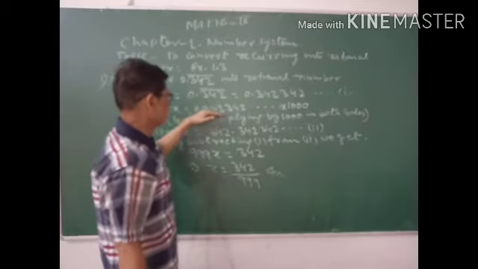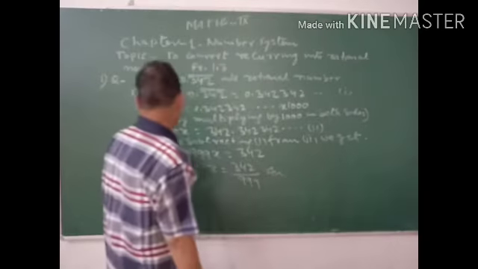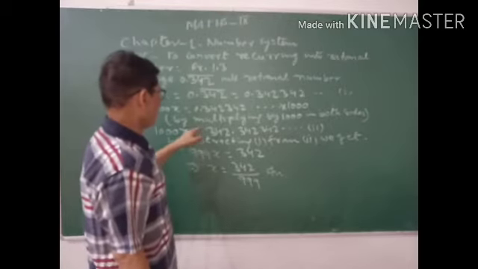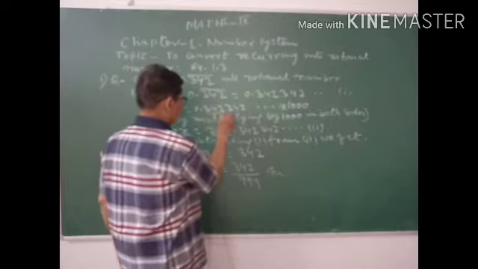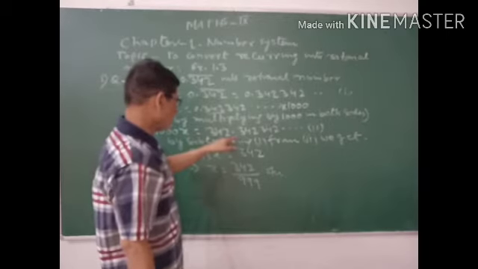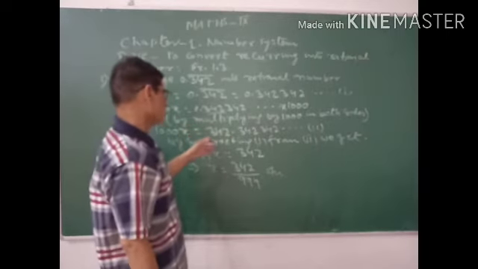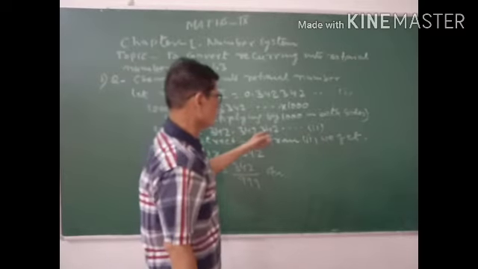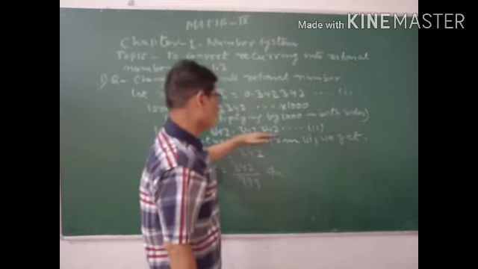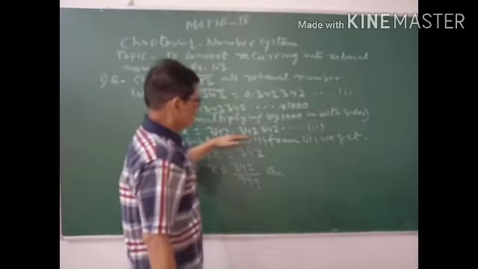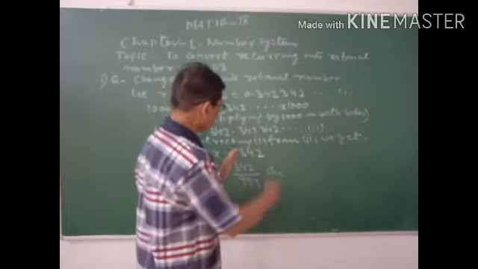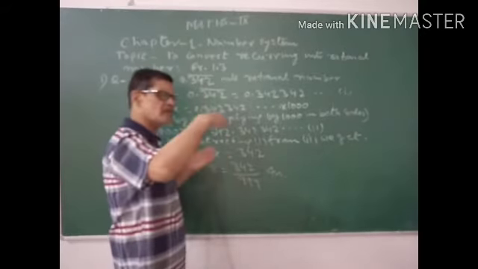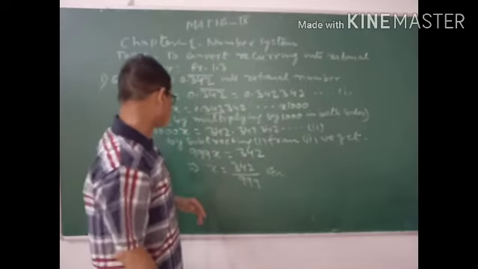This will become 1000x, and one set of recurring digits will come out from the decimal: 342.342342. There will be no shortage of digits in the RHS because this is recurring form. This can be repeated again and again up to infinity.